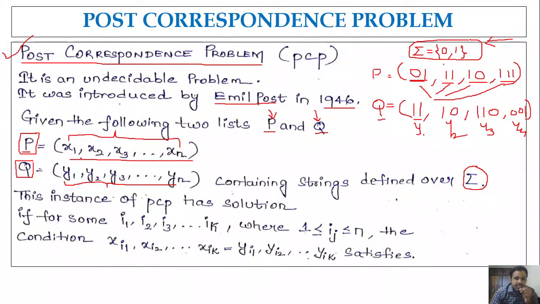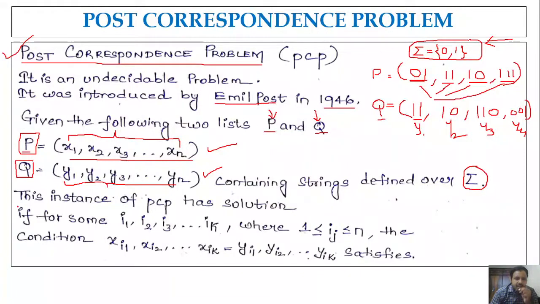So P is equal to x1, x2, x3, and so on up to xn, and Q is equal to y1, y2, y3, and so on up to yn. P and Q are lists containing a sequence of strings defined over some alphabet set sigma.